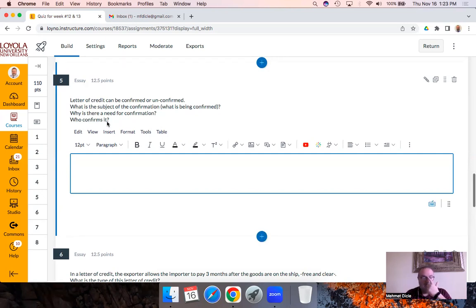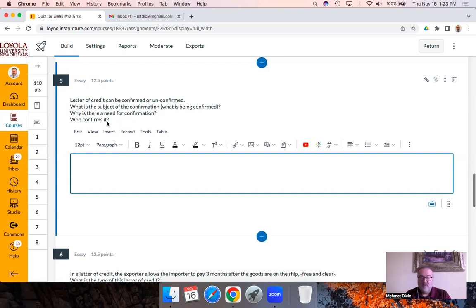Meaning, now that I actually have a payment confirmation, why is there a need for confirmation? Because the exporter does not trust the importer. What if the exporter delivers the goods, but the importer does not pay? So that's why the exporter is requiring a payment confirmation by a bank.